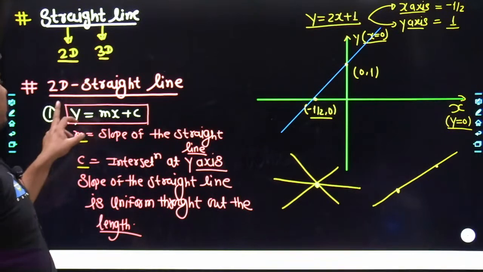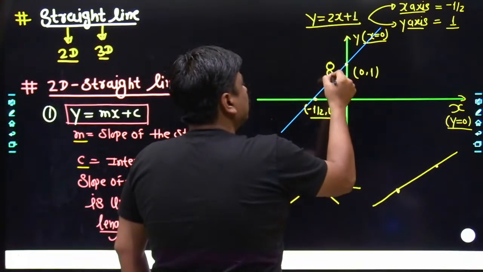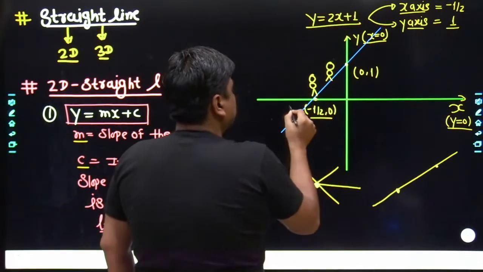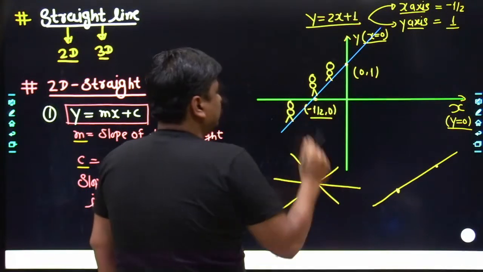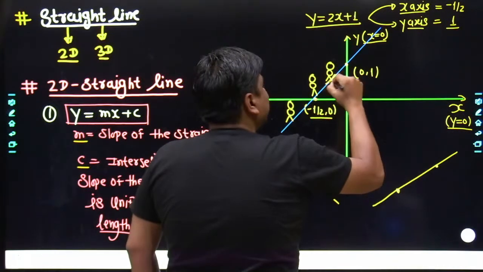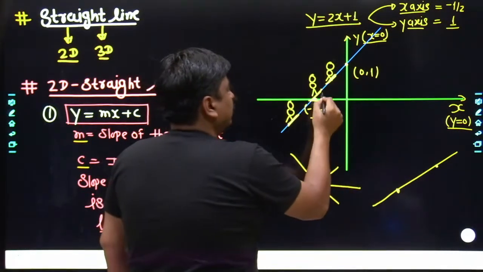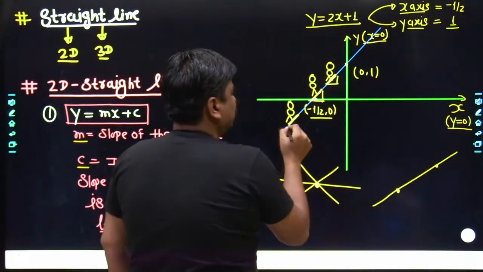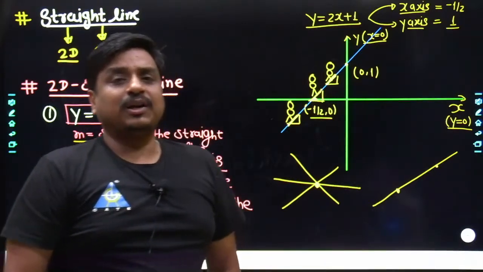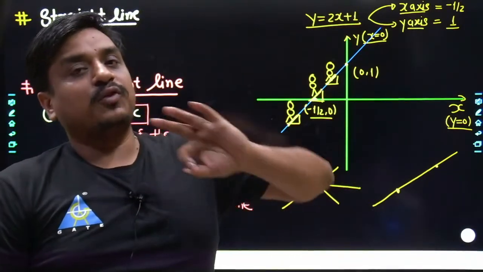That means if you are at this place, or at this place, or at this place, the slope which you will be experiencing is going to be the same. Either you take the reference of this point, or this point, or this point. So a straight line is the only mathematical equation which has a similar or uniform slope throughout its length.